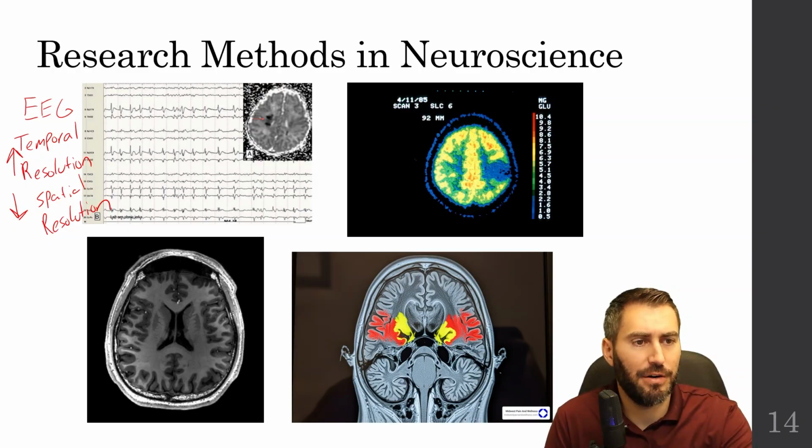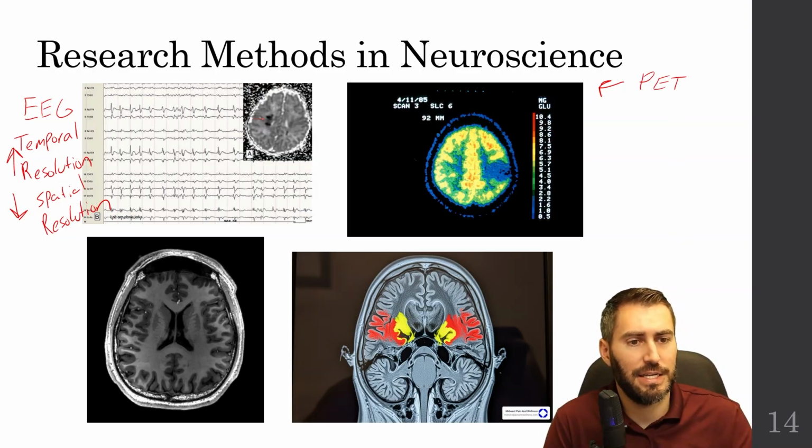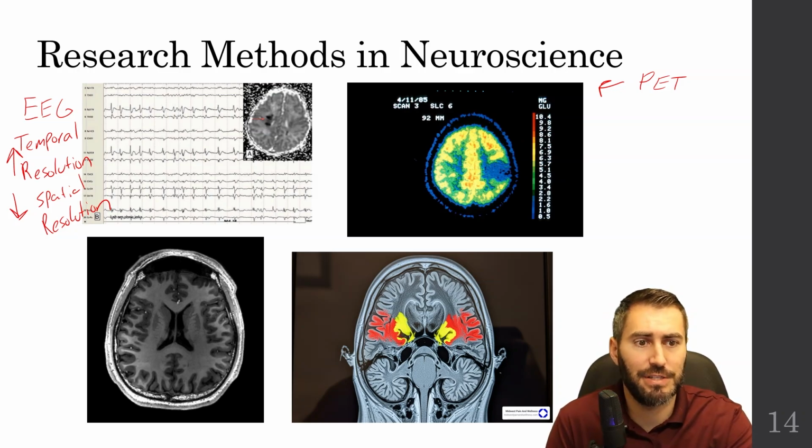The next one over here we see is called a PET, positron emission tomography scan, a PET scan. And what this does is it allows us to actually see a little bit of the activity of different neurotransmitters and what's going on in certain regions of the brain. Again, we get a little bit more information, maybe a little bit more of that spatial resolution.